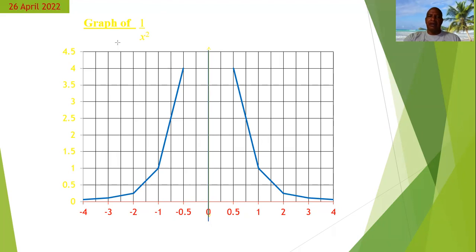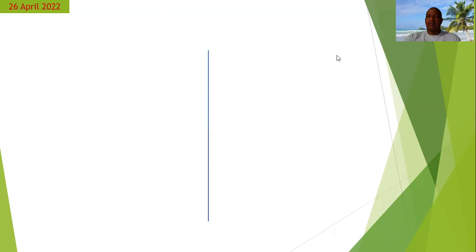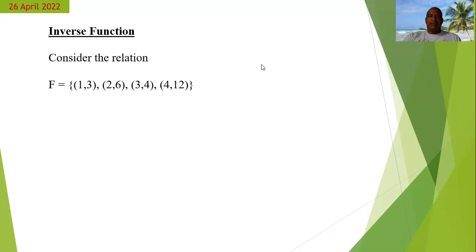It's a mirror. So this is the graph of 1 over x squared. All right, so inverse function.